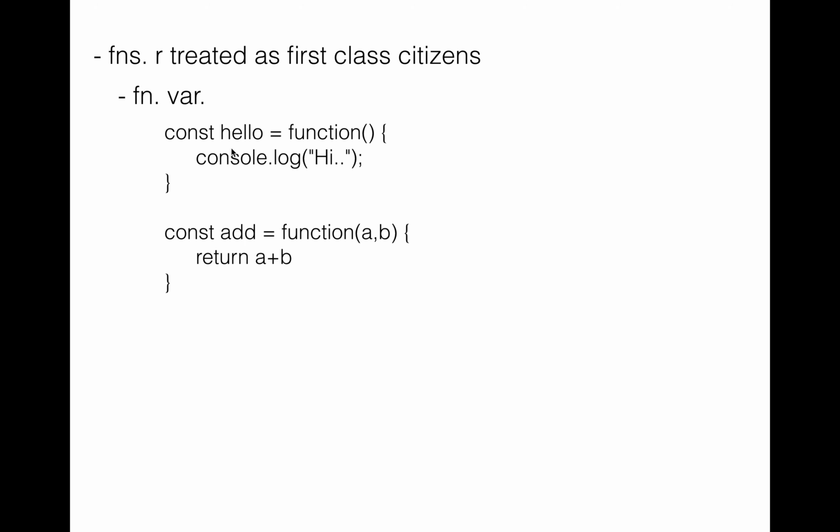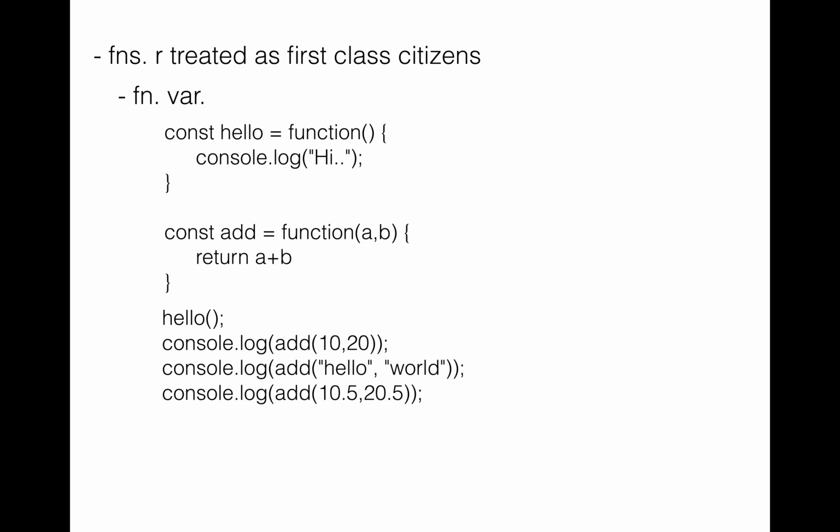Now to call a function variable, we would just call it in the same way in which we call a normal function. So we just specify hello and add to call these function variables.